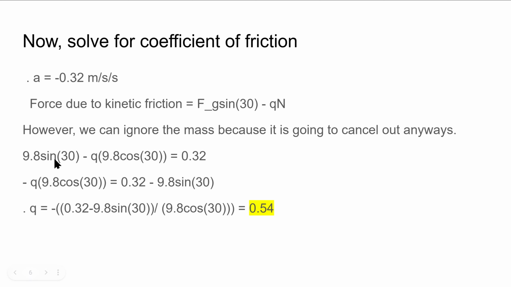So after this, we rearrange the equation to solve for this coefficient of kinetic friction, which we see here ends up being about 0.54, which is below 1, which is good, and the standard coefficient for kinetic friction between like wood on wood or wood on metal or metal on stone is roughly in that 0.4 to 0.7 range.